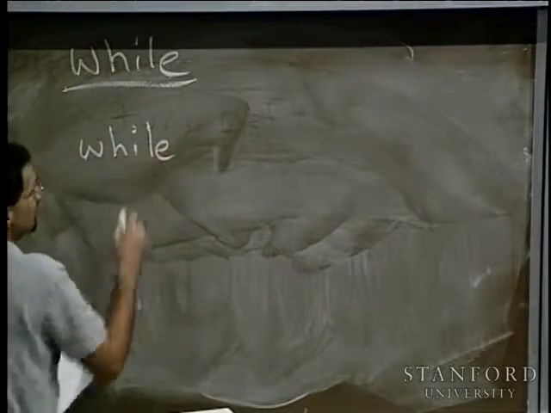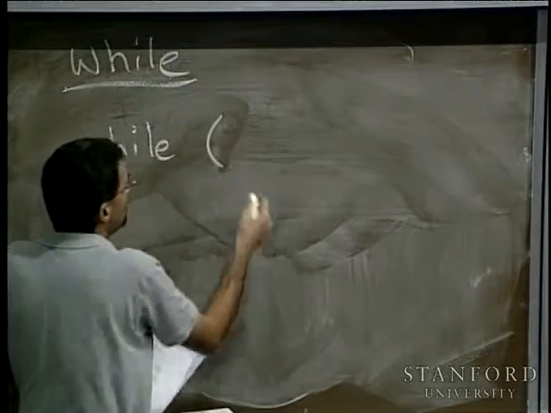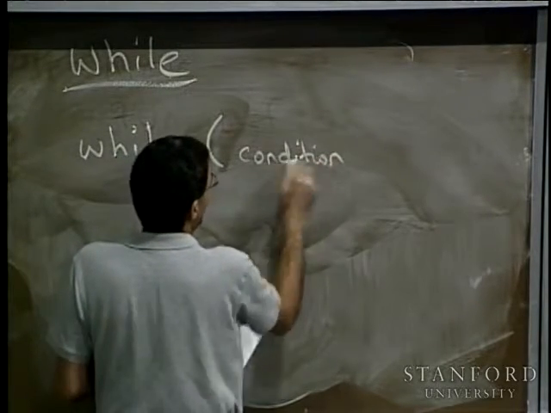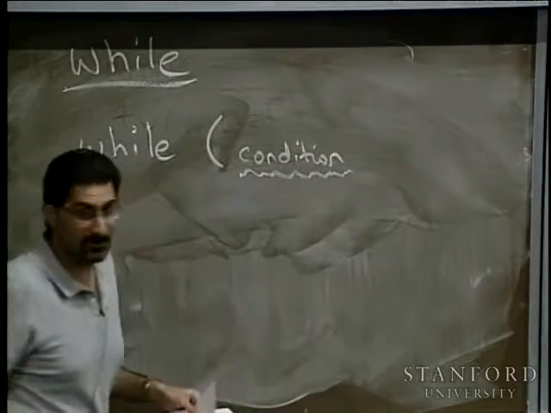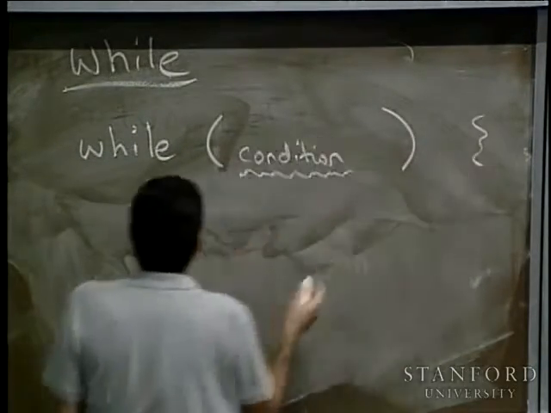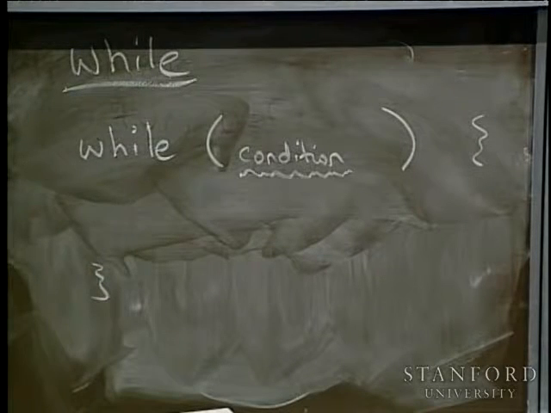The syntax looks like this: while, then a paren, and inside here we're going to have some condition. You don't literally put the word condition, we're going to put a real condition in there in just a second. Then a close paren, and then we have some body inside braces.